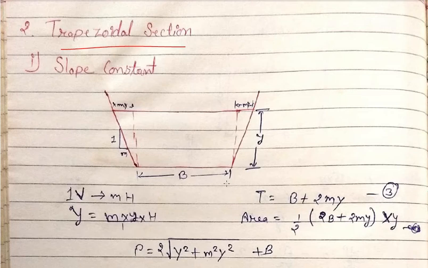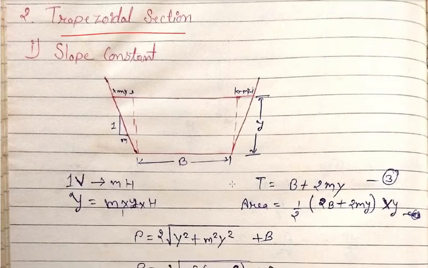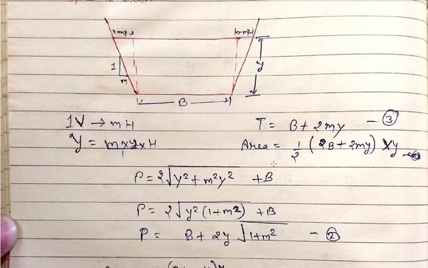So here area A is first area of this rectangular section b into y plus area of these two triangular sections, half into m y into y into 2. So this is the sum of these.